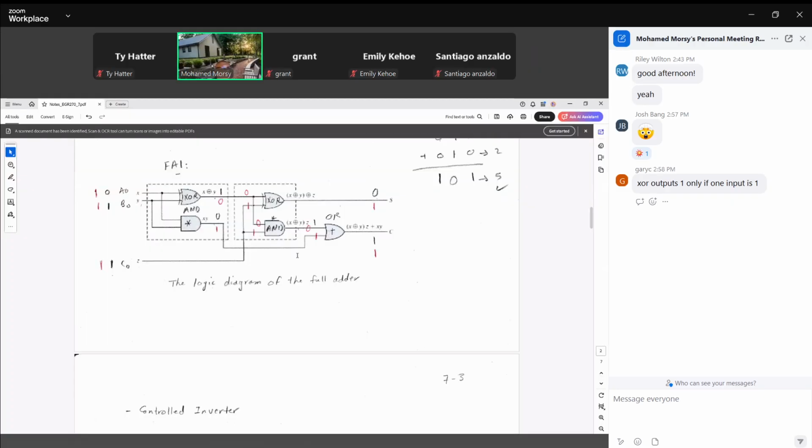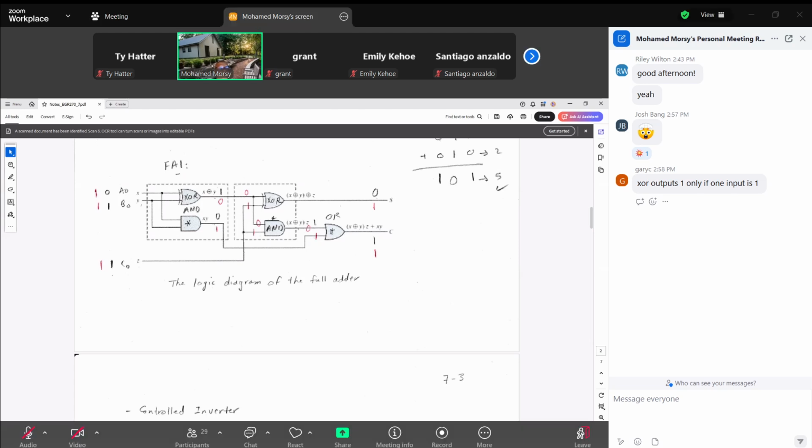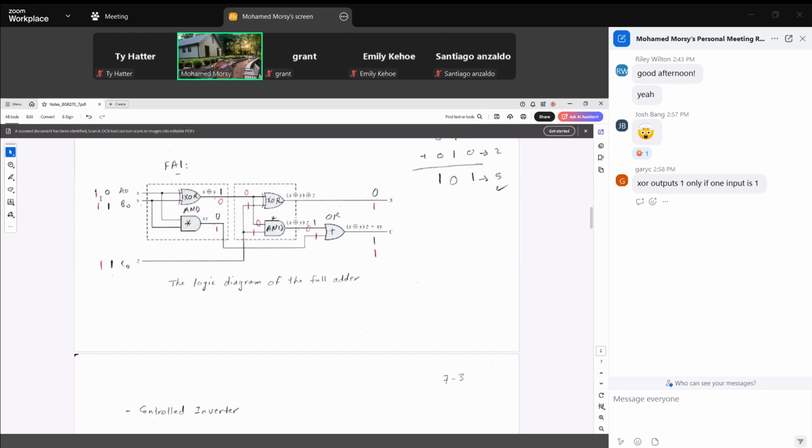Then we have 0 and 1 for the AND gate multiplied, so 0. With carry 1, the other input for the OR came from the output of the AND gate. So 0, 1 in the OR, logic addition, is 1. So 1, 1, 1 gives 1 as the sum and 1 as the carry.